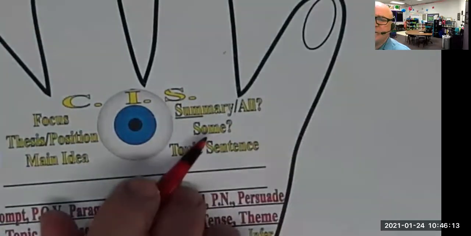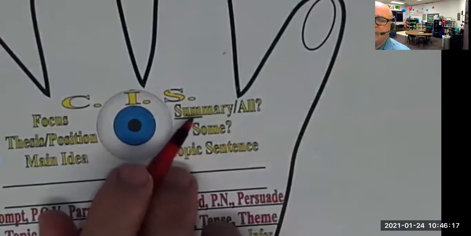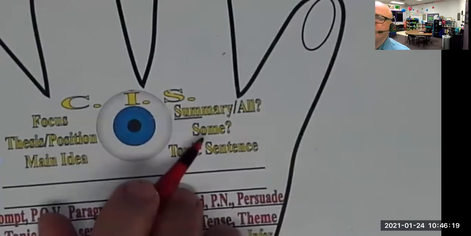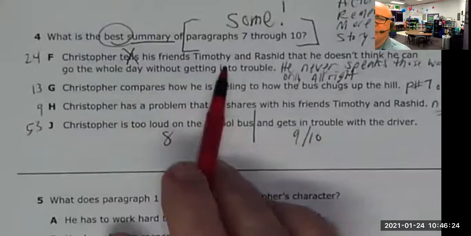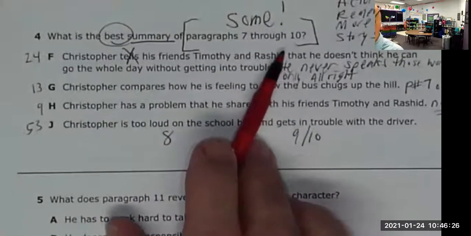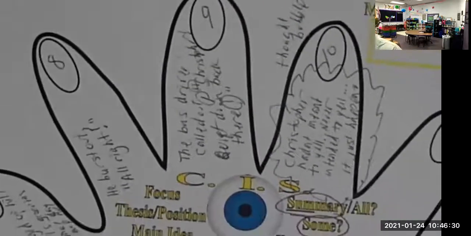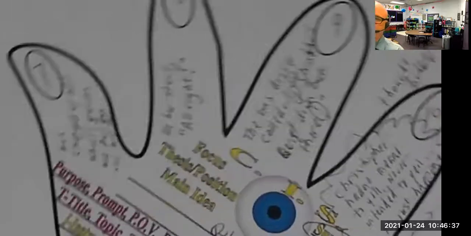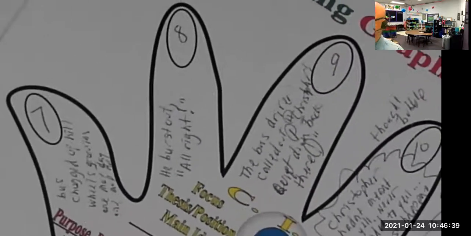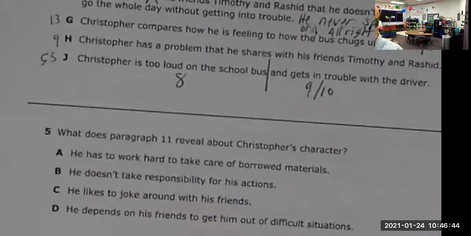And so we've got to check the next word, because summary means only some of it. So when they say paragraphs 7 through 10, then our fingers, our summary, question number 4, should only be what's in paragraph 7, 8, 9, and 10.